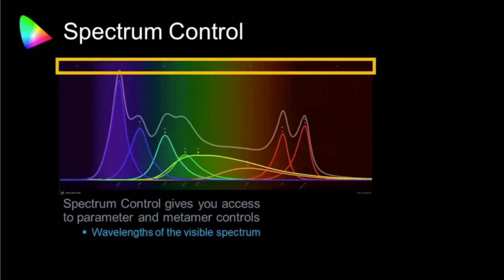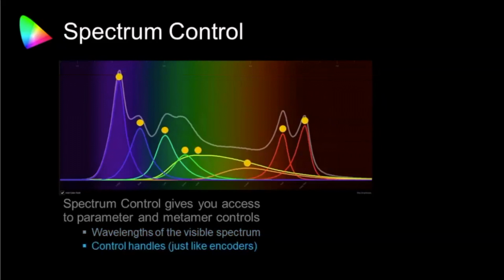So really quickly up at the top, there's just a little ruler for your wavelengths of the visible spectrum. Again, this will be more accurate based on what information we have of the fixture, and it is for sort of illustrative and orientation purposes more than it is scientific purposes. So just be aware of that. These are your control handles. So the dots that are at the peak of each of these things are actually adjusting that parameter.